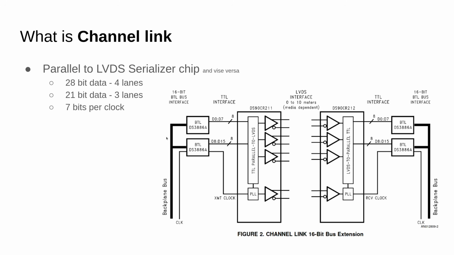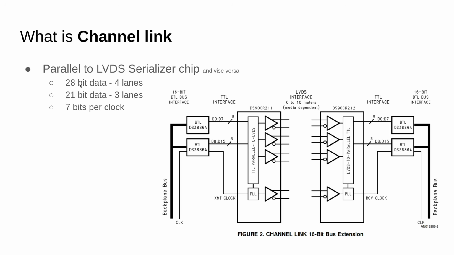And what this actually looks like from a diagram perspective is you have these Channel Link chips, which basically take in parallel data, serialize it into a Channel Link signal, and on the other end they'll have a deserializer, and then it pumps it back into standard parallel data. And these come in 28 or 21 flavors.